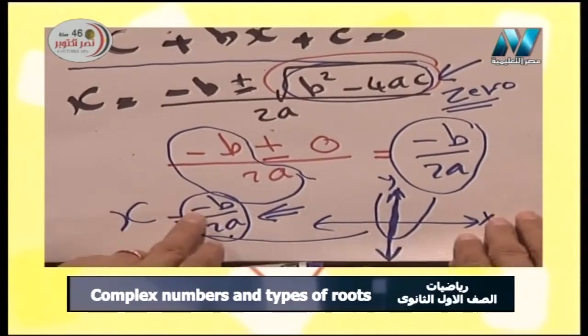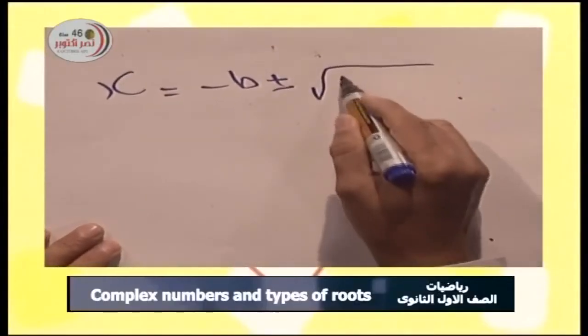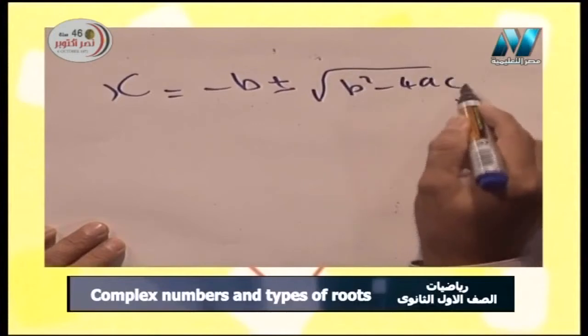And, my dear students, we have the reason here why, if b² - 4ac, which is the discriminant, equals 0, the two roots will be equal and real. Let's see another example. We have x equals negative b plus or minus the square root of b² - 4ac over 2a.